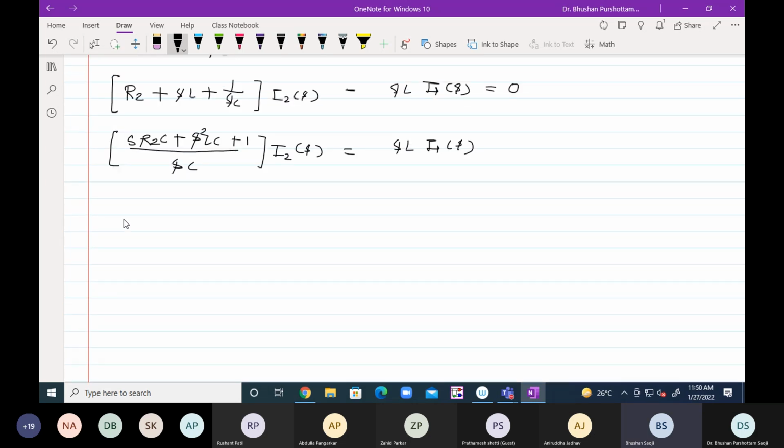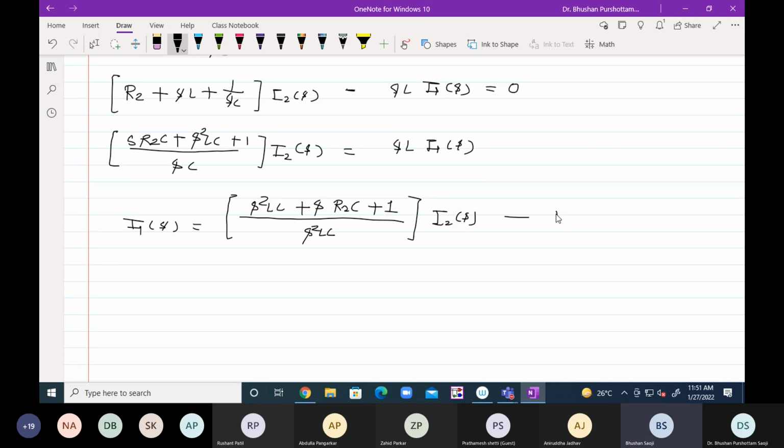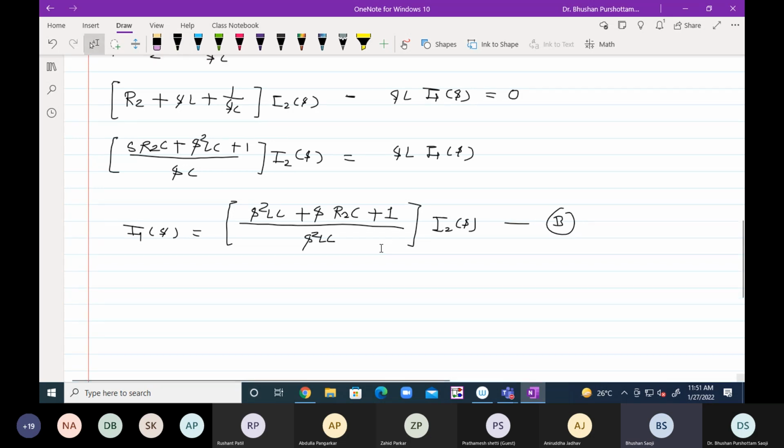So we can write I1 of S equals S square LC plus S into R2 into C plus 1, divided by S square LC, multiplied by I2 of S. This is our equation B.